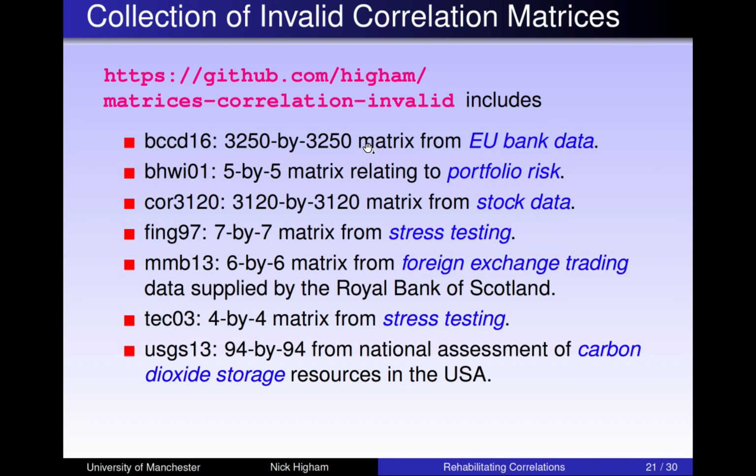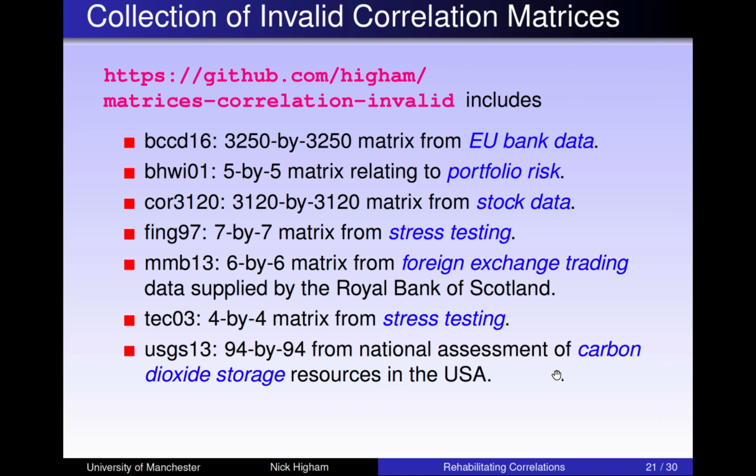There's a 3250 matrix of EU bank data, a very small matrix from portfolio risk, another stock data matrix of dimension over 3000. So the sizes vary tremendously here. Stress testing, foreign exchange trading, stress testing, and this last one is carbon dioxide storage resources. So all of these were from financial problems except the last one.